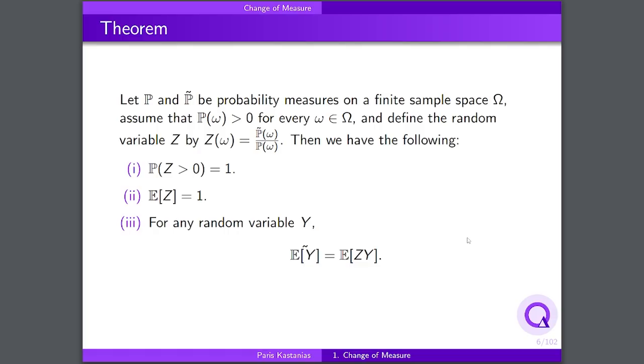Then these three properties hold. We're not going to prove this, but if you want the proof, it's in a textbook called Shreve's Stochastic Calculus for Finance 1. So we're just going to assume that these things hold. This tilde should be on top of the E.